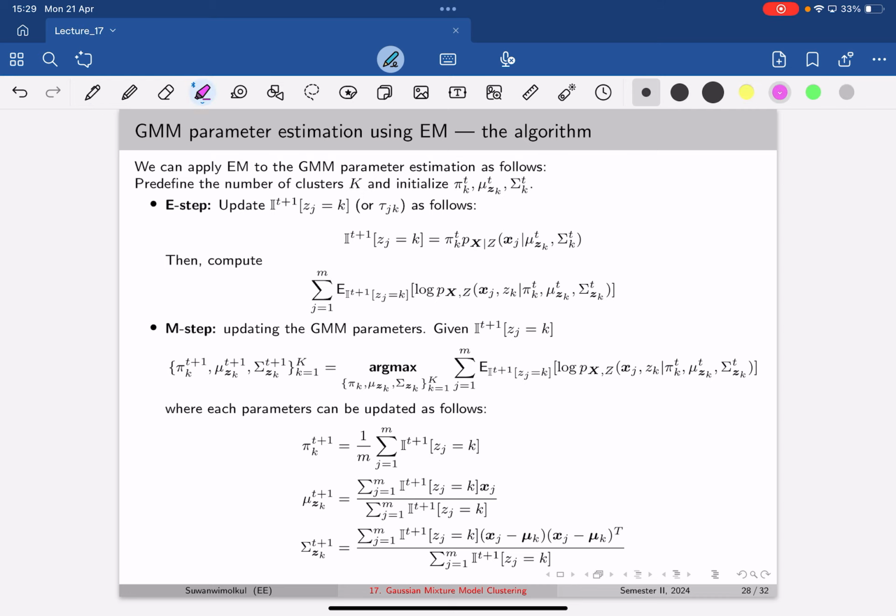Actually, this parameter, this I superscript t plus 1, is equal to tau jk. But you will see why we would use this I. You can think of it as a one hot vector that will take zero value where you don't select the elements.